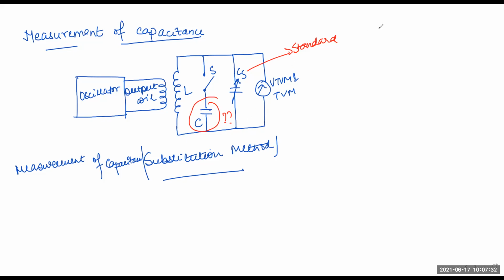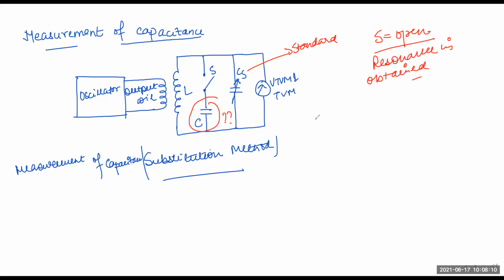Remember, when the switch is open, resonance is obtained by varying the standard variable capacitor CS. The resonance condition is indicated in this meter, the VTVM or TVM, which is connected across the standard capacitor.